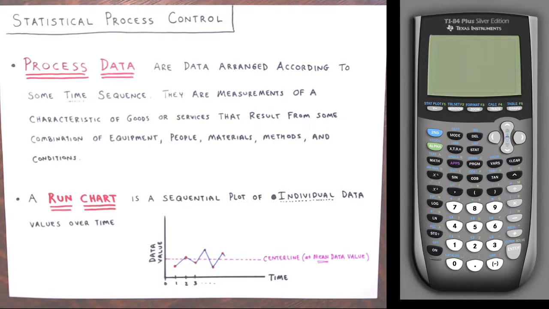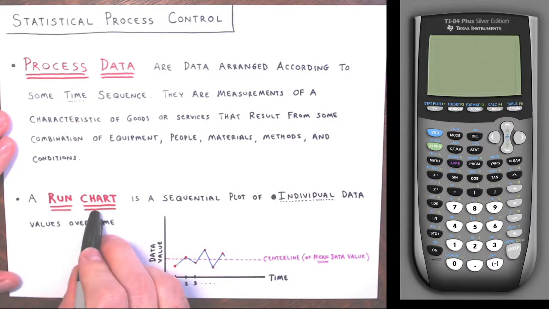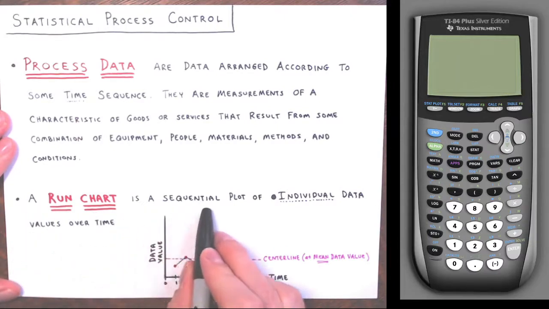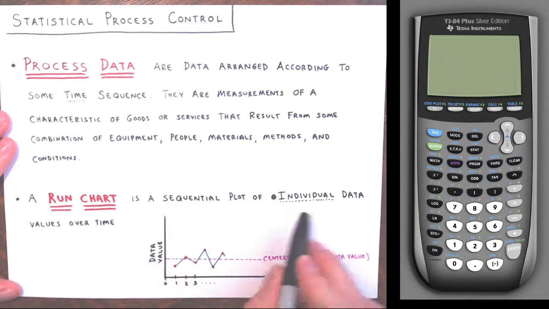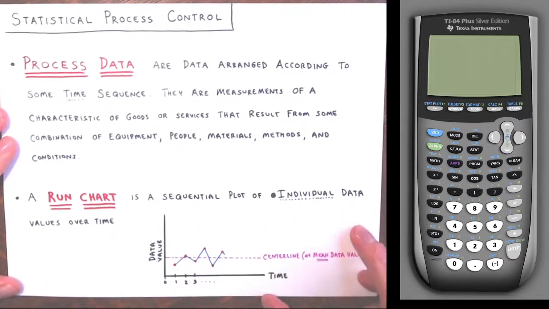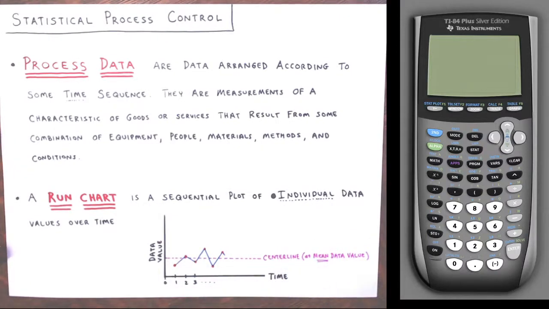Now the first kind of chart is where we record every individual piece of data. That's a run chart. A run chart is a sequential plot of individual data values over time. They'll look something like this. I've drawn this one out by hand. I've got an example coming up later in the video where I use a piece of technology.